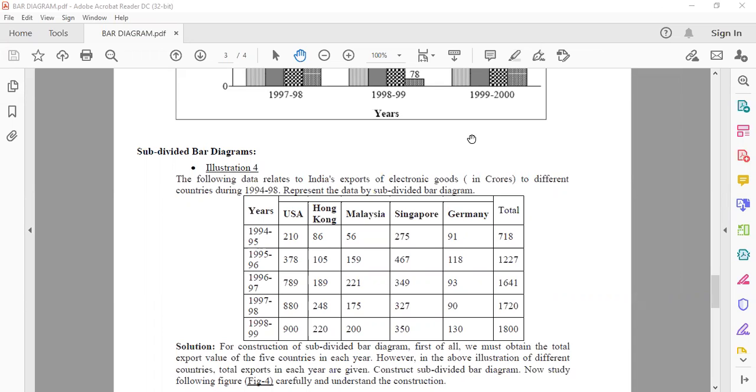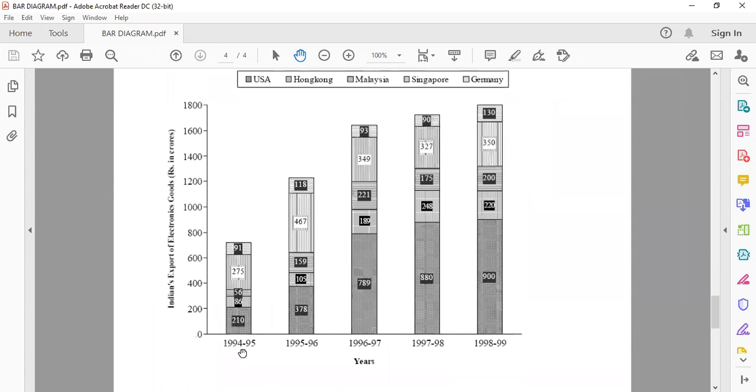You see, I again use year as the x-axis. See this year, 1994 to 95 is the first year, and the last year is 98, 99.